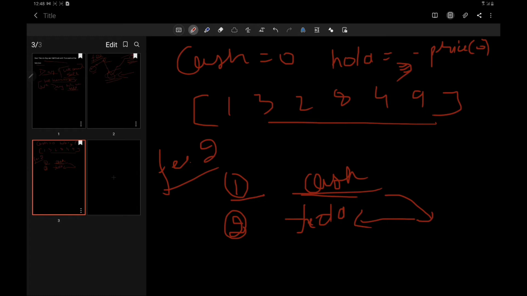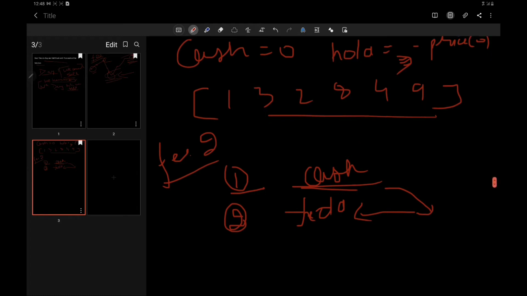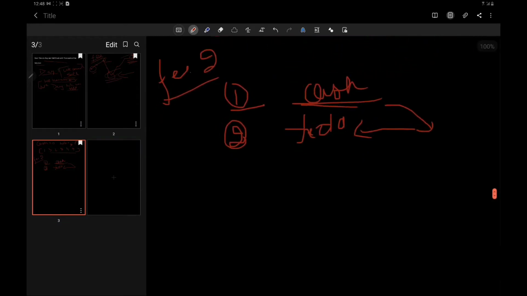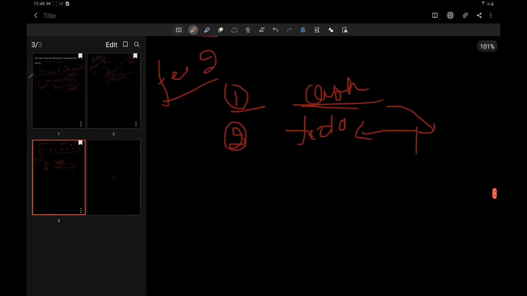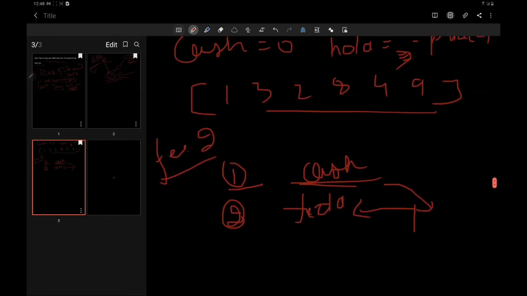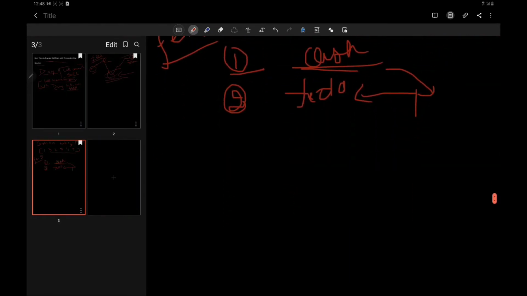Let's see how. The prices are 1, 3, 2, 8, 4, 9. Here we have our prices, and cash is 0.